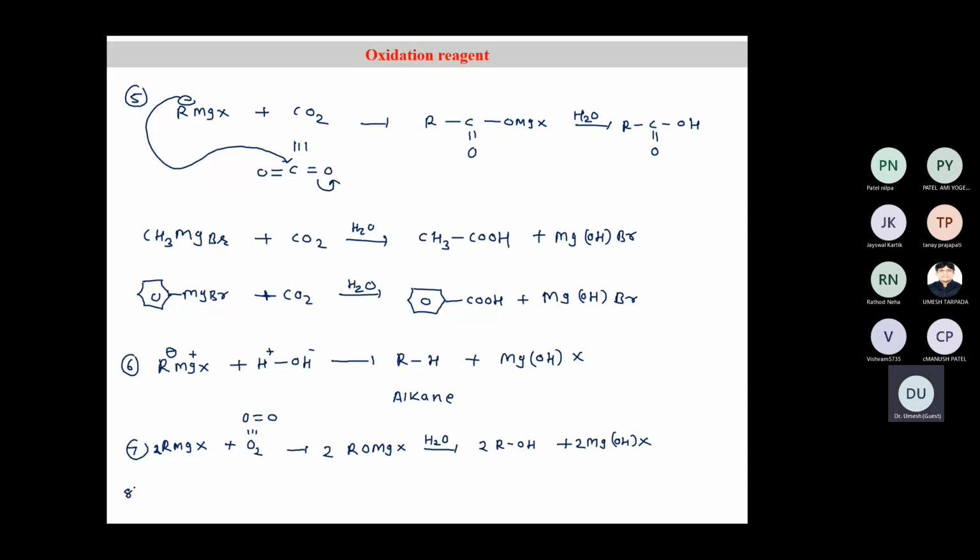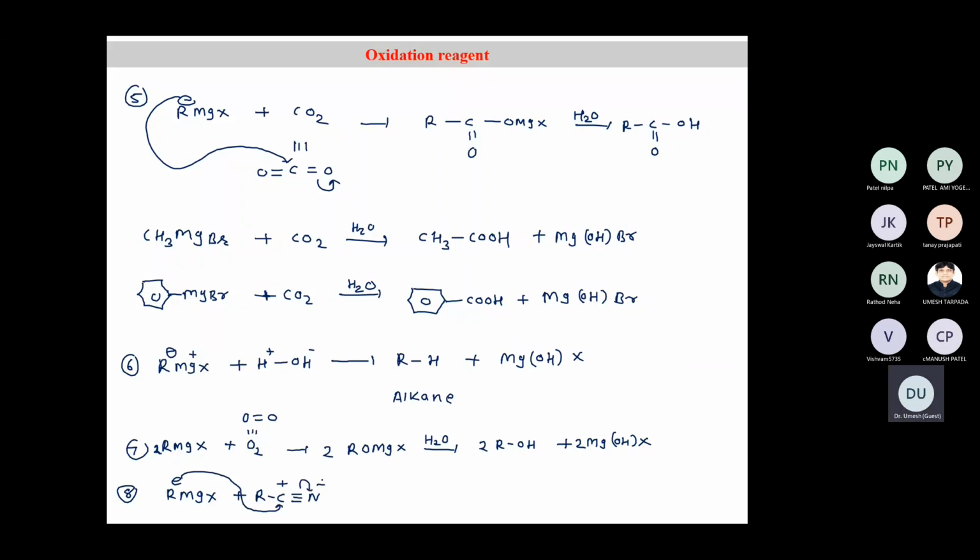And the last one is when you react Grignard reagent RMgX with cyanide, RC triple bond N. Nitrogen is negatively charged, carbon is positively charged, so R minus is added here.